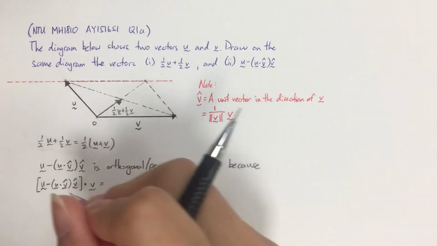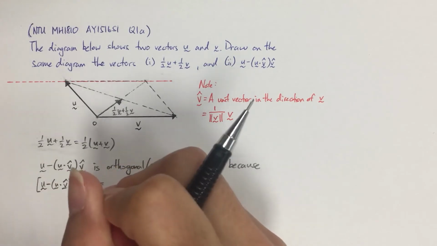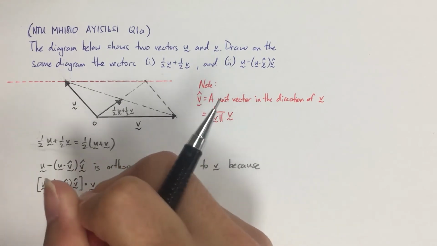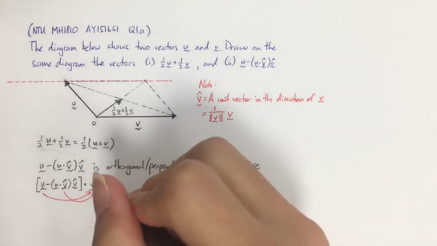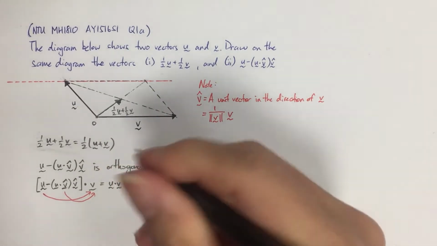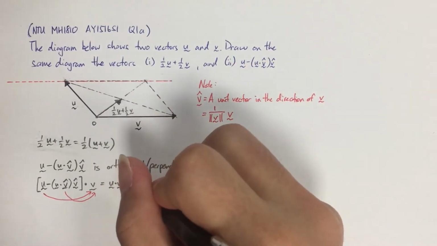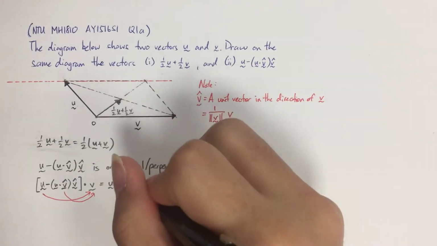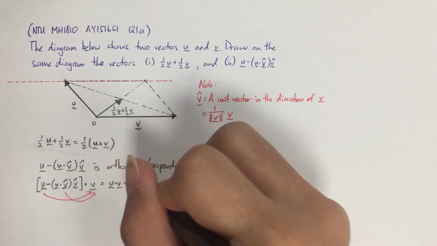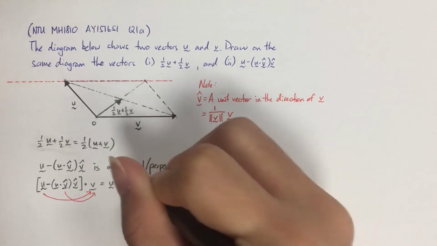Firstly, note that we can distribute the dot product inside. So u dot v and this dot v, right? We can take it out. So this is u dot v minus u dot v hat times v hat, and then this thing dot v, right?